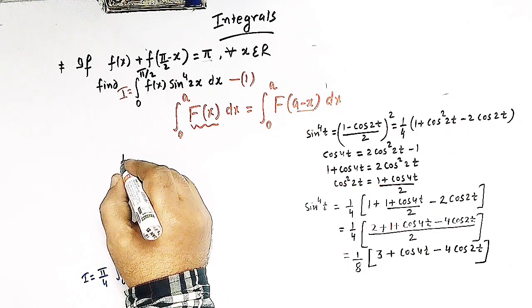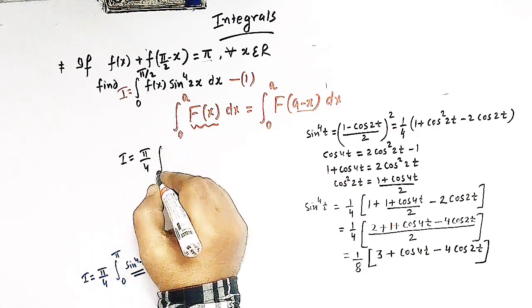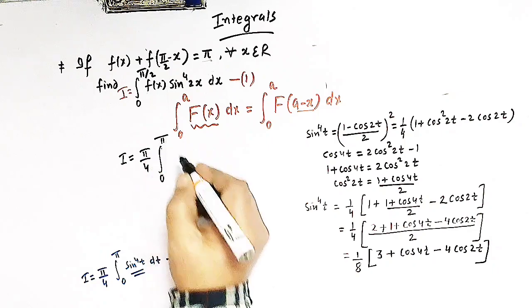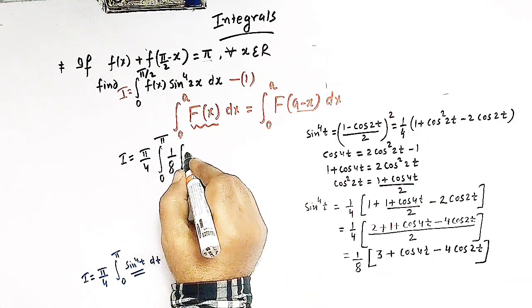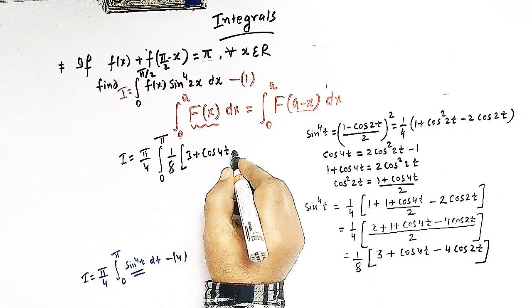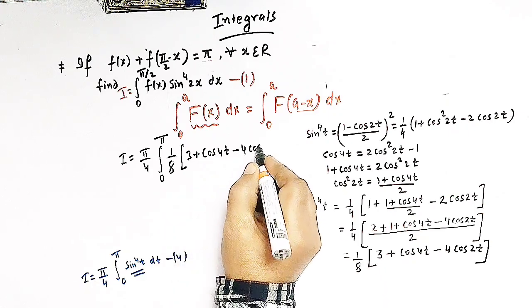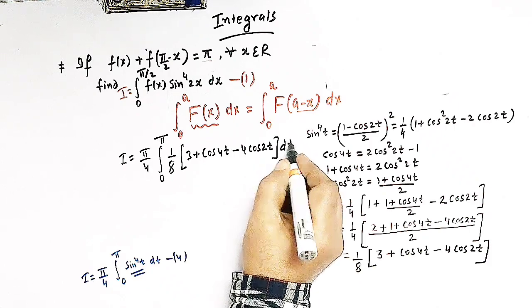So we can now write I is equal to pi by 4, and we have 0 to pi, and then we have 1 over 8, and (3 plus cos 4t minus 4 cos 2t), and here we have dt.